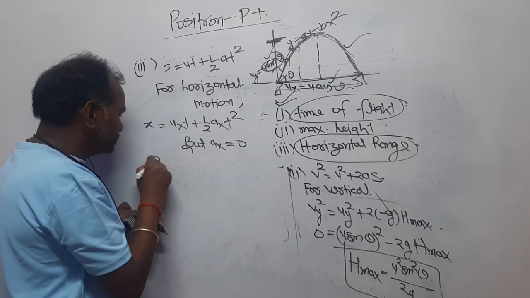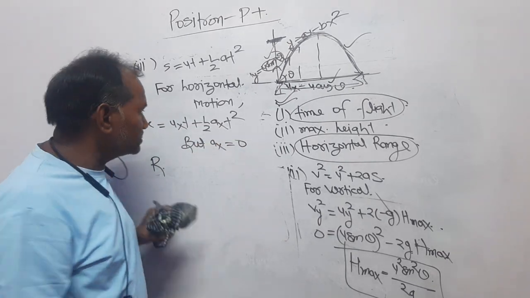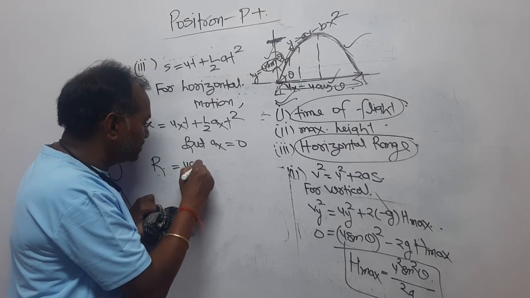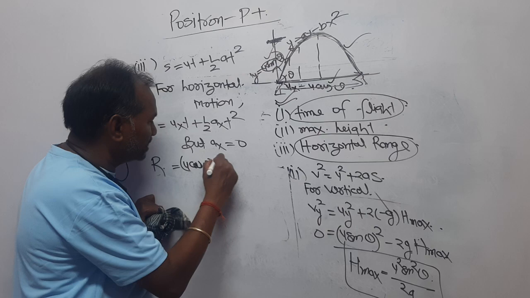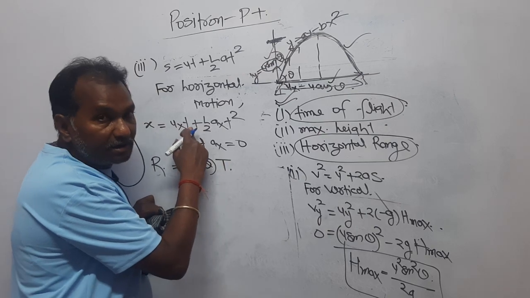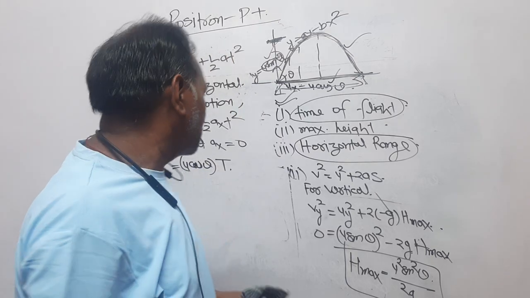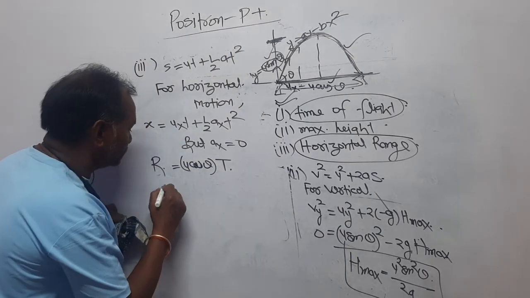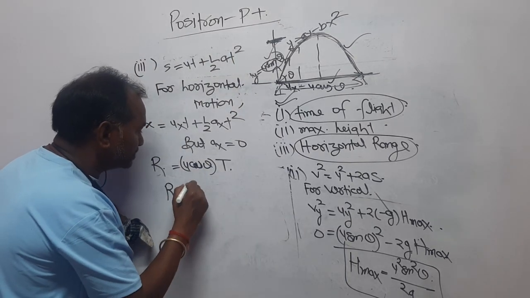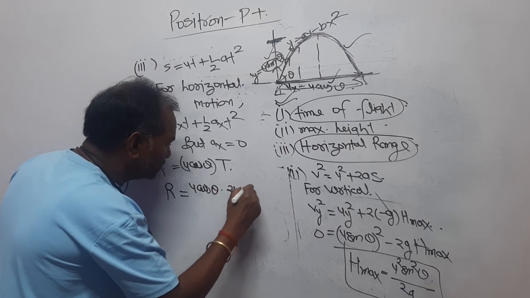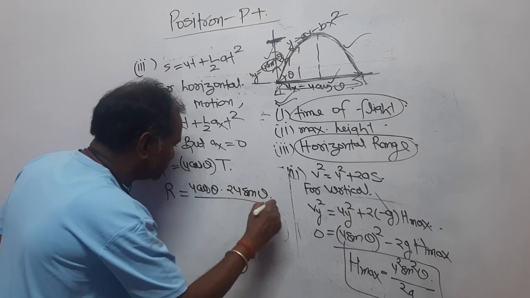So x you can write as the horizontal range R, and that is equal to ux, which is the initial horizontal velocity, u cos theta, times t, the time of flight, right? This distance is traveled during the time of flight, and t you have already found, 2u sin theta upon g. So R is equal to u cos theta times 2u sin theta upon g.